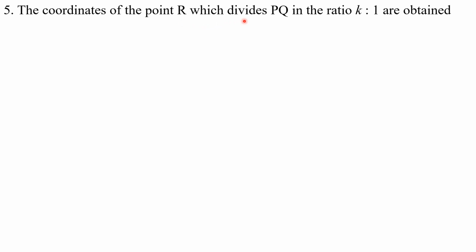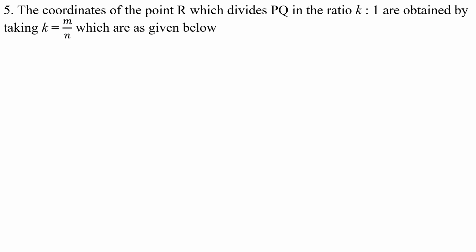Now come to the point number 5. The coordinates of the point R which divides PQ in the ratio k is to 1 are obtained by taking k equal to m by n, which are given below.